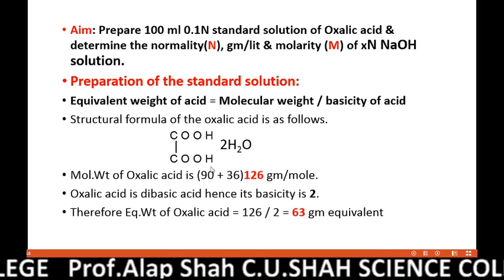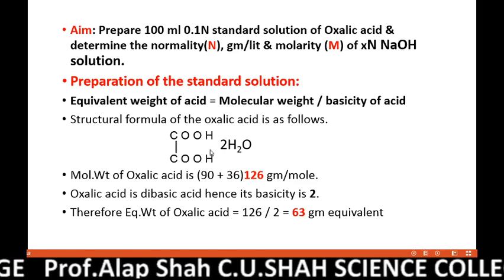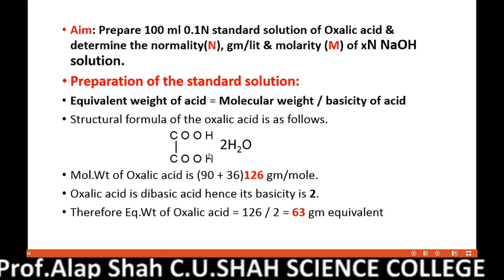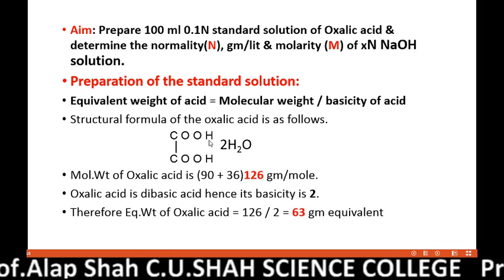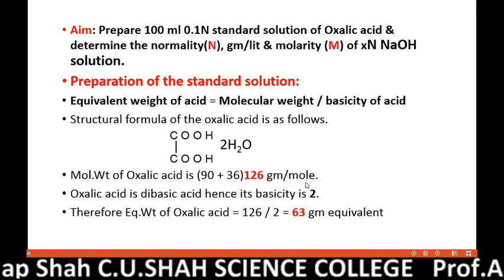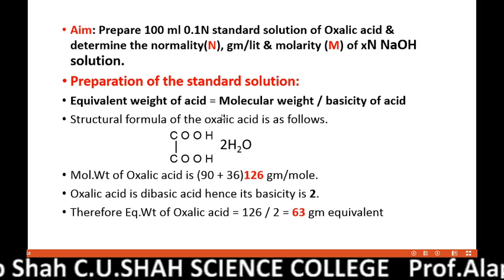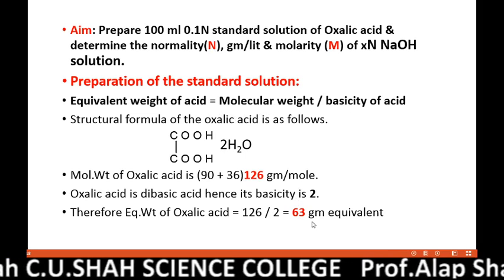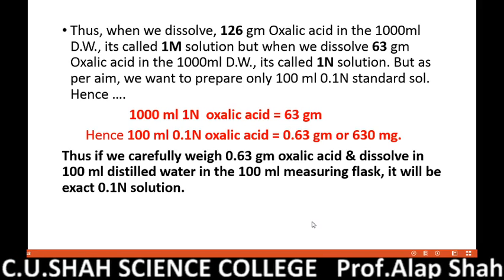Now in oxalic acid, you can see that there are 2 COOH groups. On ionization, it will give 2 moles of H plus. That's why its basicity is 2. So its equivalent weight would be 126 by 2, that is 63 gram equivalent.